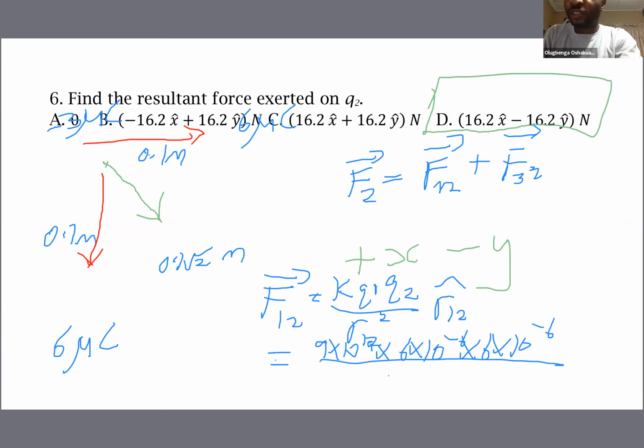The R squared here is 0.1 root 2, all squared. And our R12 caret.